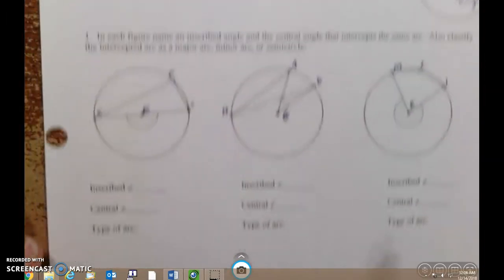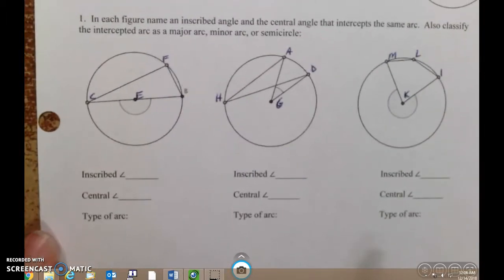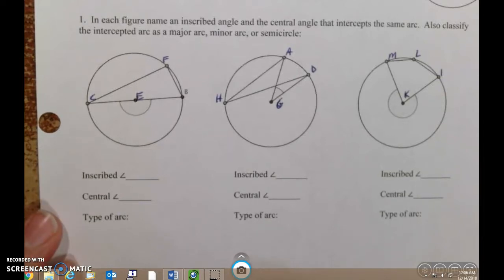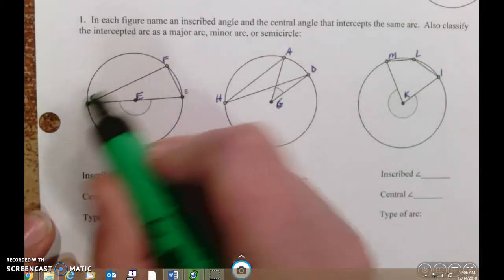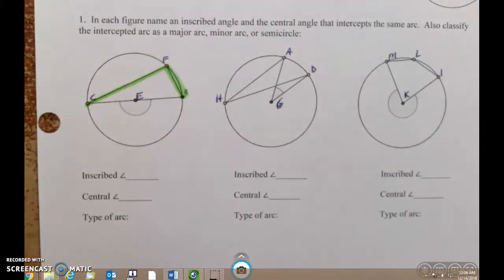So let's look at number 1 down below. In each figure, we need to name the inscribed angle, the central angle that intercepts the same arc, and then classify the intercepted arc as major, minor, or semicircle. For the first one, the inscribed angle is angle CFB.